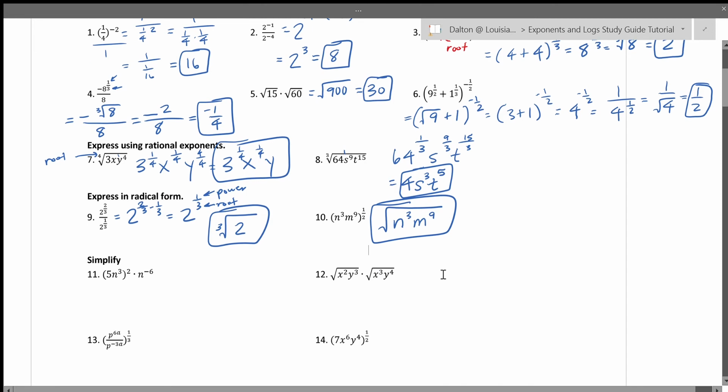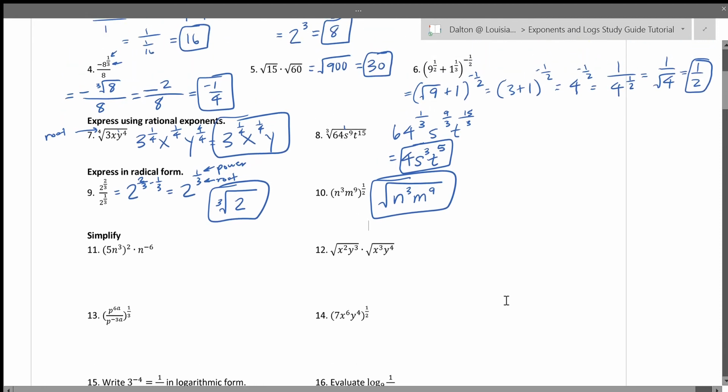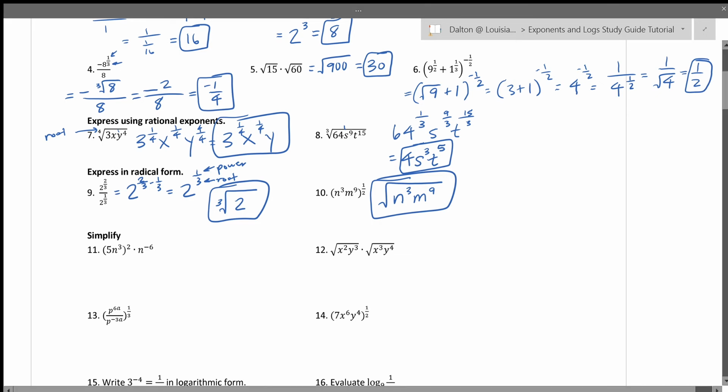Okay, numbers 11 through 14 are all about simplifying. So we're going to incorporate our evaluation rules, but these also have variables in them that we need to consider. So for number 11, you have 5n cubed quantity squared. The thing to remember here is that that squared term applies to both numbers on the inside.